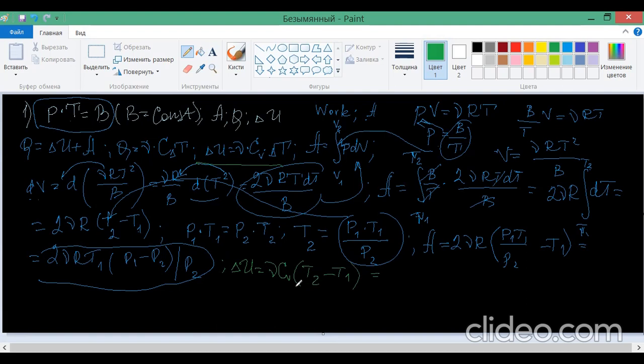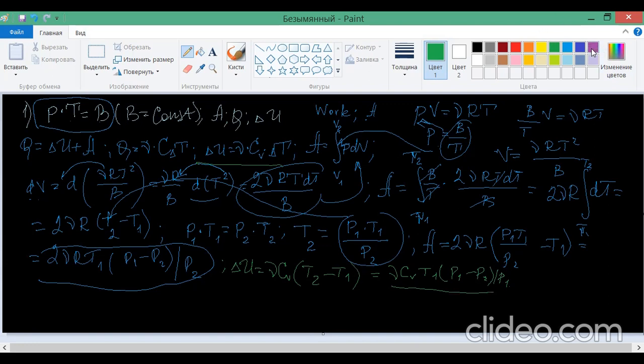And if we do the same manipulations as we have just done with the work formula, we will get that it's equal to, sorry, it's P sub 1 minus P sub 2 over P sub 1. This is the formula for the change in internal energy.